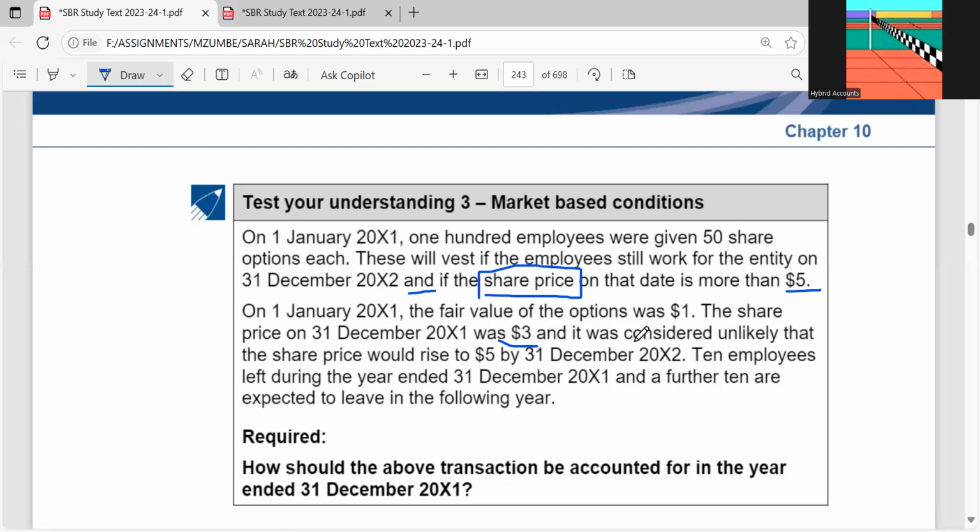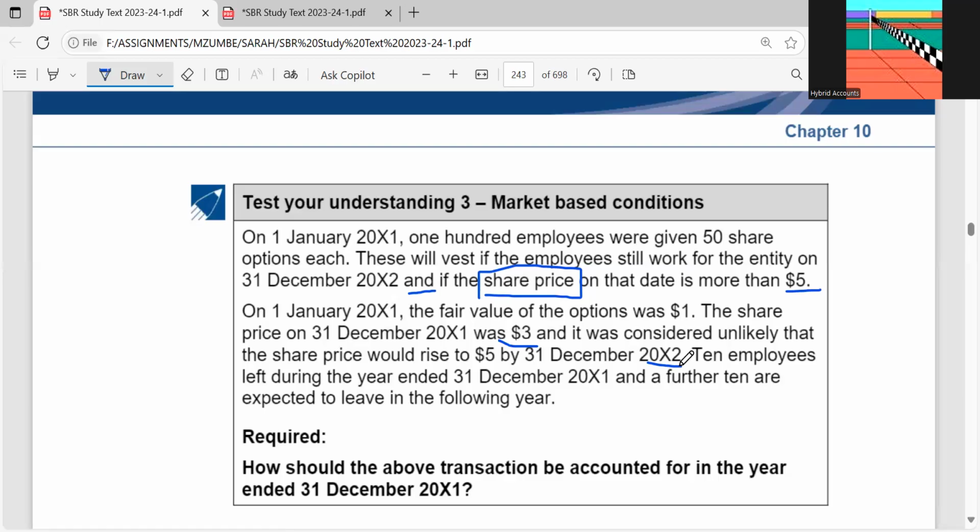And it was considered unlikely that the share price would rise to 5 by 31st December 2022. So for both years, the first year and the second year, it wasn't expected that the share price would rise above 5. So in the normal situation, we would say, okay, this is a problem. I have no way of recognizing this expense, but we say no. These are market-based conditions.